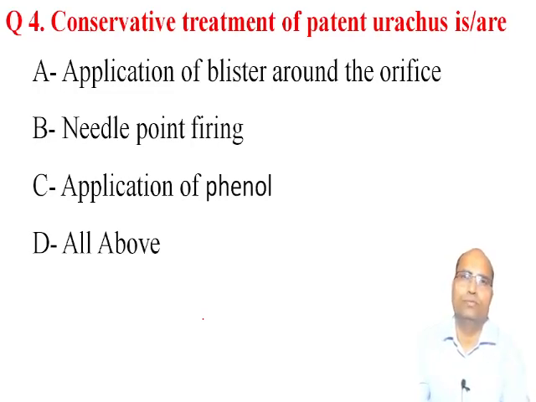Question number 4. Conservative treatment of patent urachus is A. Application of blister around the orifice, B. Needle point firing, C. Application of phenol, D. All above.